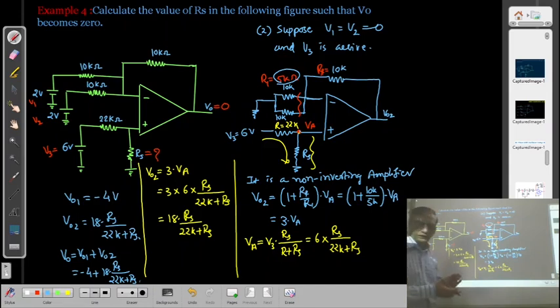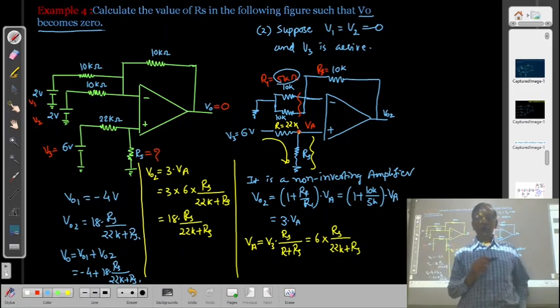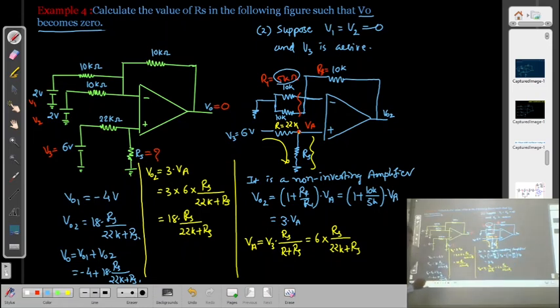Now what we require? Here, remember that output voltage VO becomes 0. Means the output voltage is equal to 0. So here we will write 0. And now you have to solve this expression, correct?